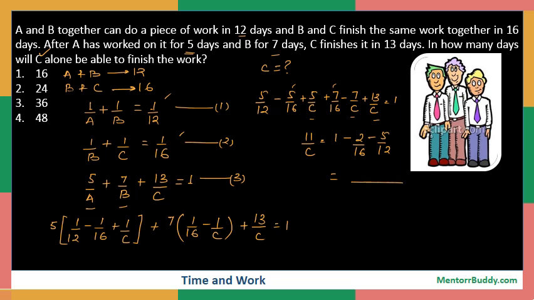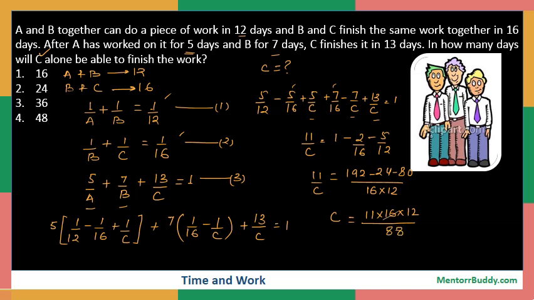If I take the LCM, it becomes 16 multiplied by 12. So the numerator becomes 16 multiplied by 12, that is 192, minus 2 into 12 becomes 24, minus 5 multiplied by 16 becomes 80, which is equal to 11 by C. So C is equal to 11 multiplied by 16 multiplied by 12 divided by 192 minus 80 is 112, 112 minus 24 becomes 88.